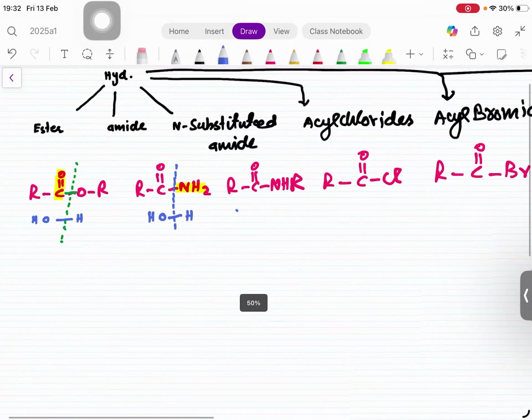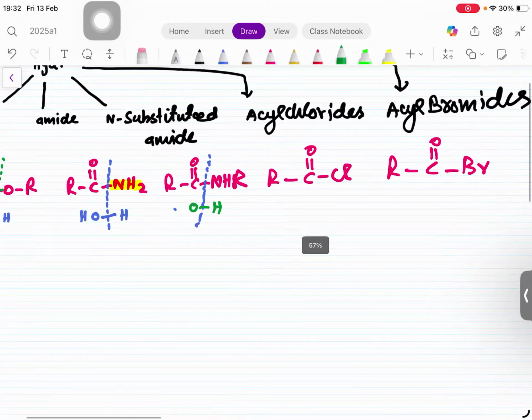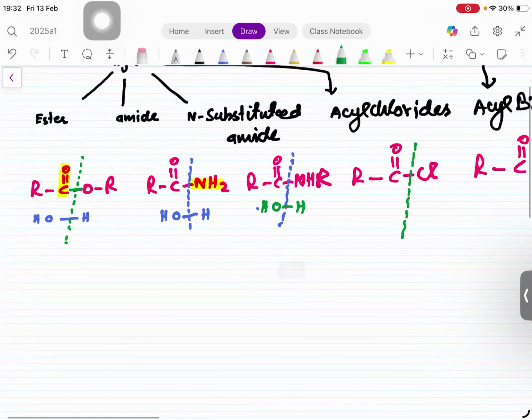Similarly, now you know the pattern. Every time, the bond of C double bond O with an element other than carbon, nitrogen, oxygen or chlorine, that breaks. And the C double bond O always gets what from water? OH, and the other part, whatever is left, gets H. Similarly, here also the same will happen. The bond of C double bond O with Cl will break.